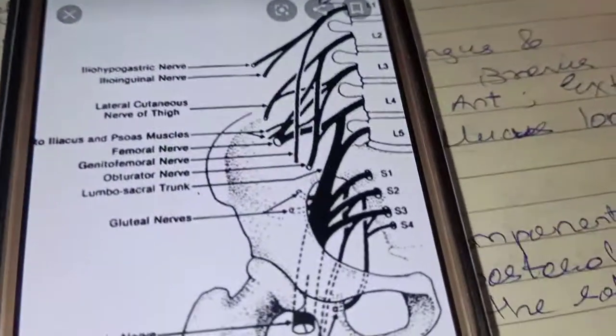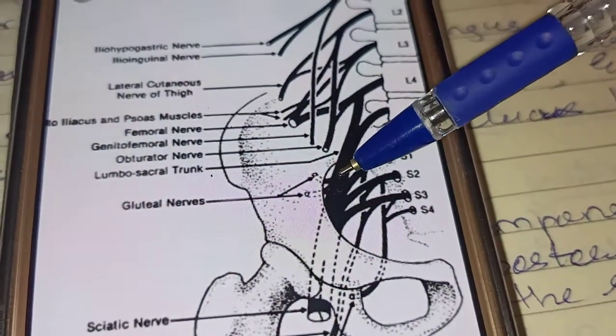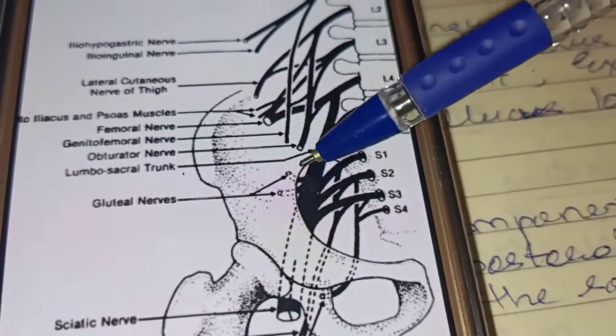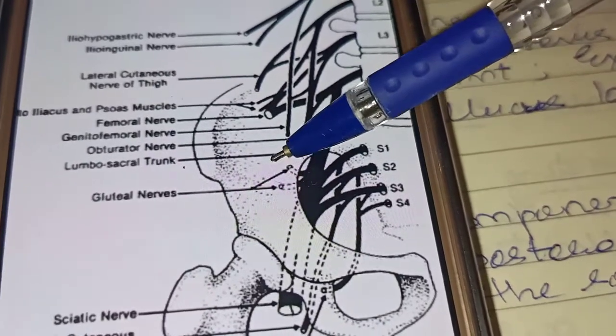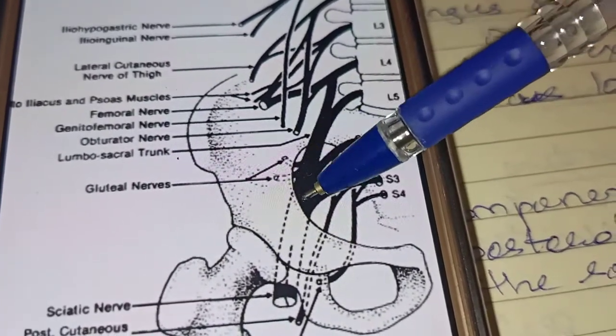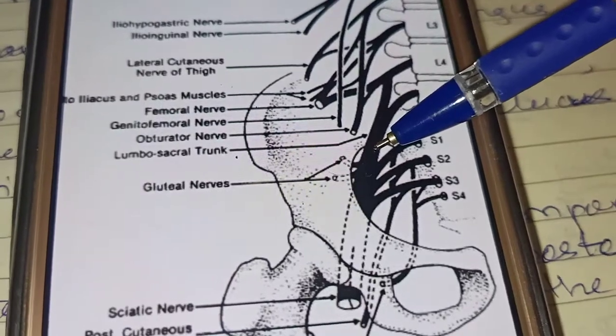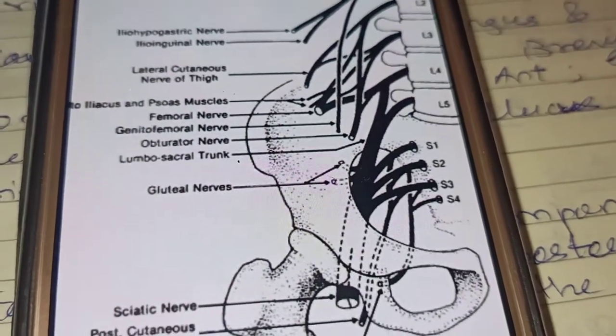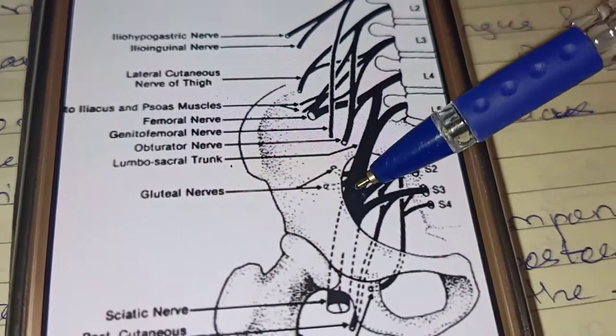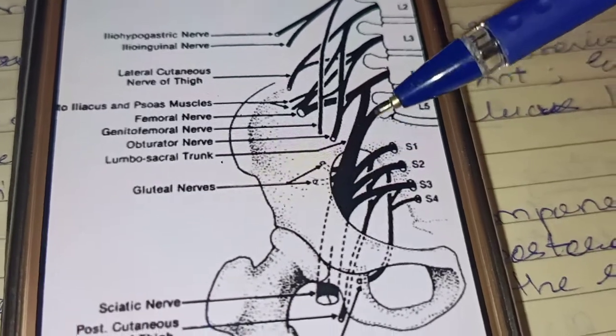So this superior gluteal nerve will leave the pelvis and go posteriorly to the gluteal region via the greater sciatic foramen, which I have already explained. It will enter the gluteal region above the piriformis muscle.